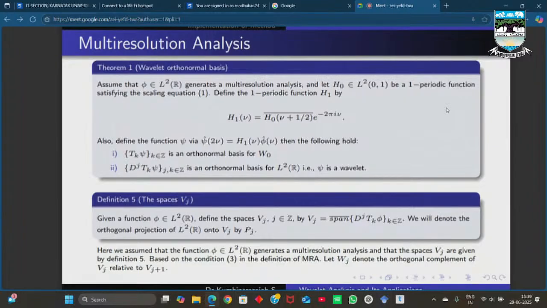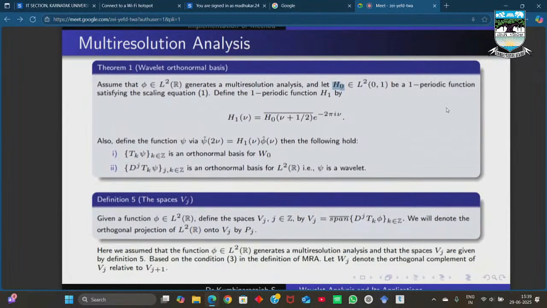That means already with respect to phi there is an orthonormal basis. By taking the union of all orthonormal bases for V1, V2, V3, and so on, it will become an orthonormal basis for the Hilbert space. Next, since phi is a scaling function, H0 is inevitably generated from the previous lemma.